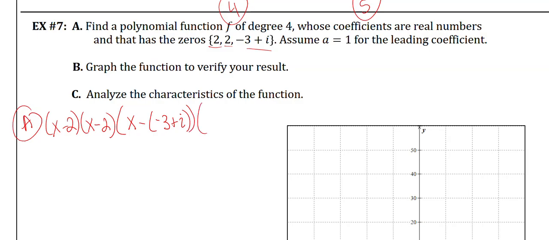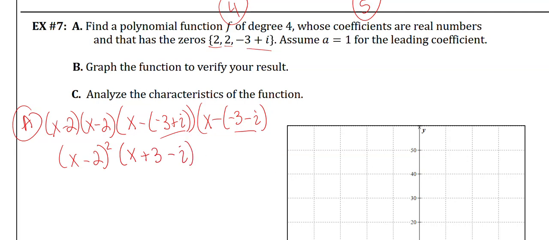And remember that missing one will be x minus (-3 minus i). So that's the conjugate of that. So there's my fourth one. I'm going to clean this up by doing x minus 2 squared. And then I'm going to clean these up, and we're going to get x plus 3 minus i, and then x plus 3 plus i.